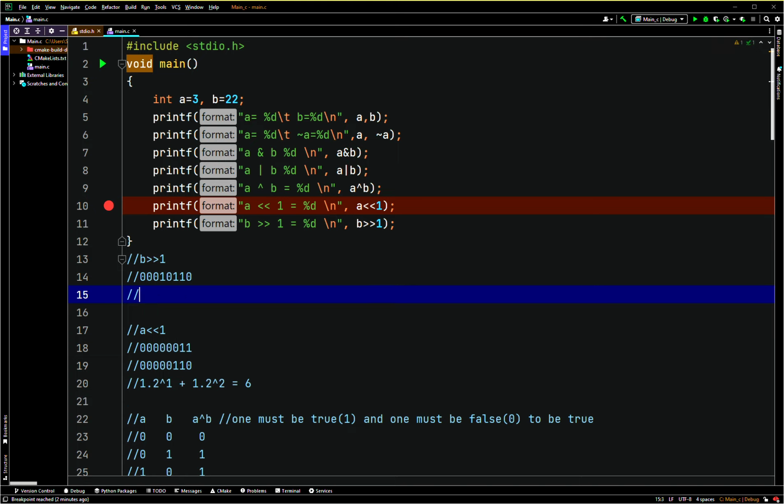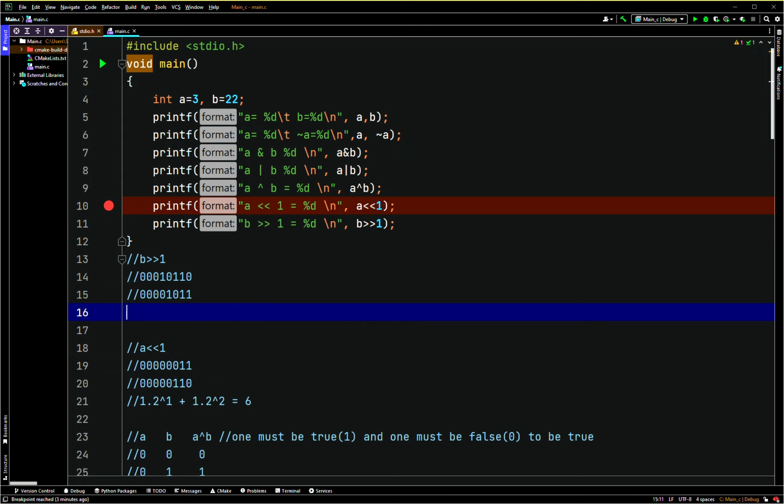So the answer is 0, 0, 0, 1, 0, 1, 1. Then we tag 1, 0 to the end of the left side. And then we do the conversion back to decimal with the powers again.